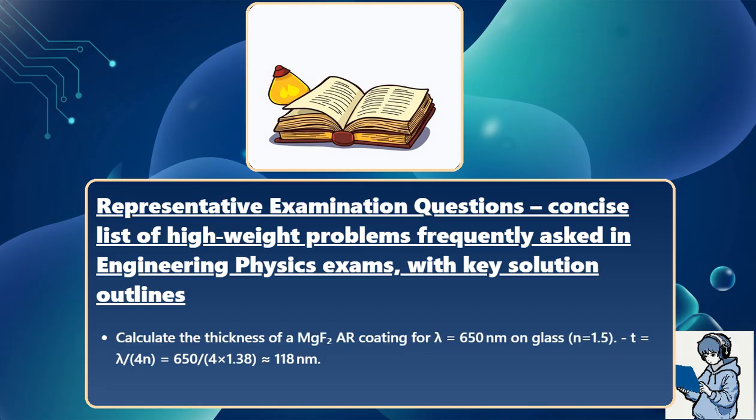Calculate the thickness of a magnesium fluoride anti-reflection coating for lambda equals 650 nanometers on glass, with n equals 1.5. Thickness equals lambda divided by 4n equals 650 divided by (4 times 1.38), approximately 118 nanometers.